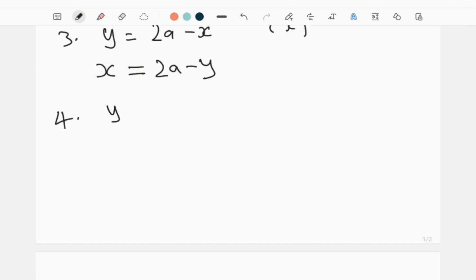Okay, let's try number 4. y equals a over b plus 2. We want to make b the subject.